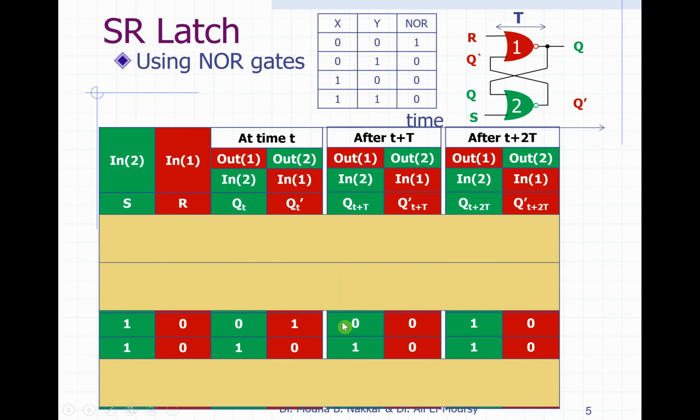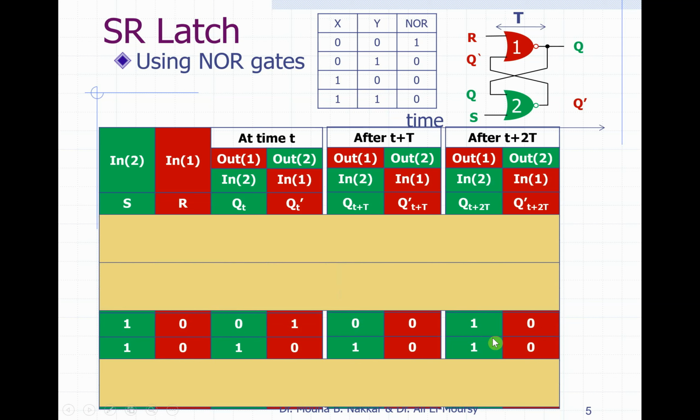In the third case, when S equals 1, R equals 0, again we have the two cases for Q, 0 and 1. If I originally store Q equals 0, this Q will change to 1. If I'm originally storing 1, this will remain 1.